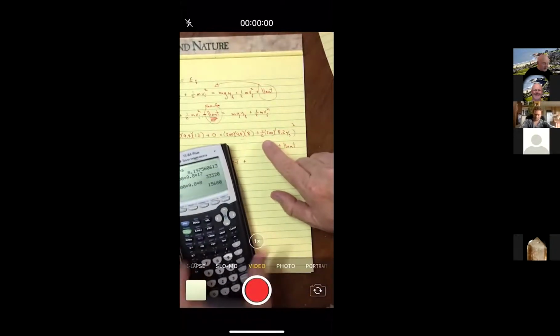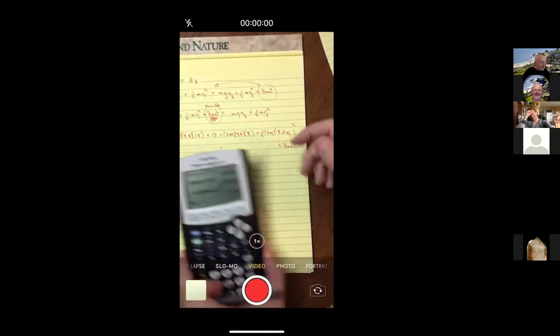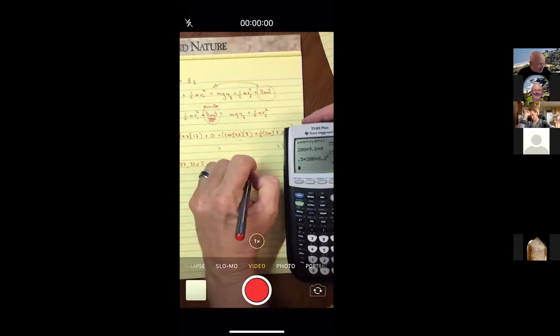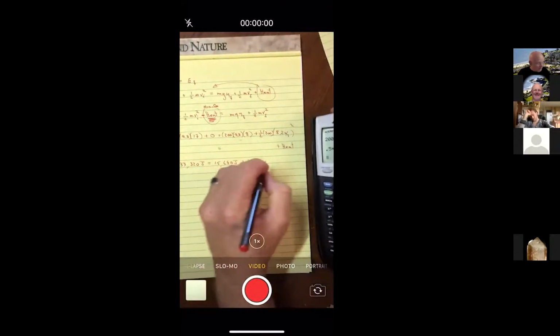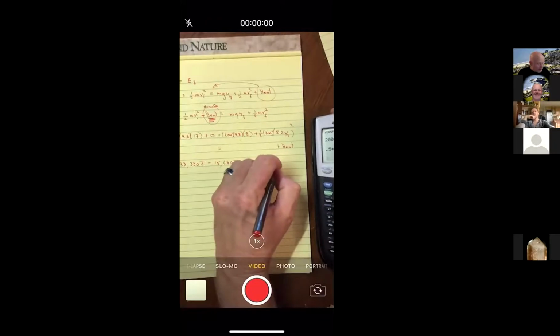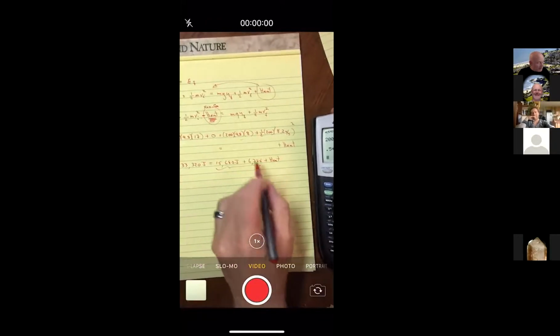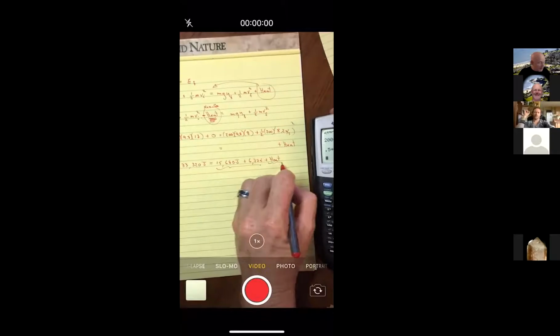It also has this much because of kinetic, 1/2 times 200 times 8.2 squared, 6,724. So the fact that these don't add up to that means that the rest went into heat.